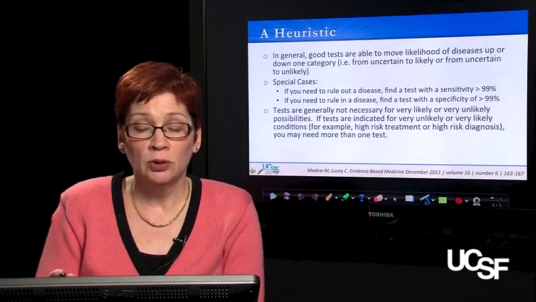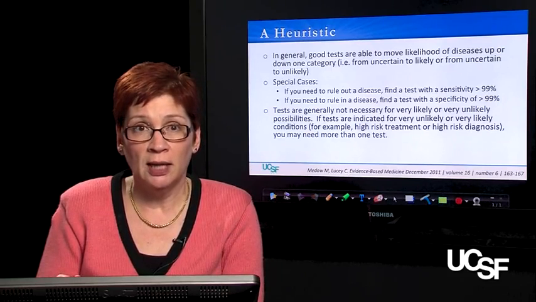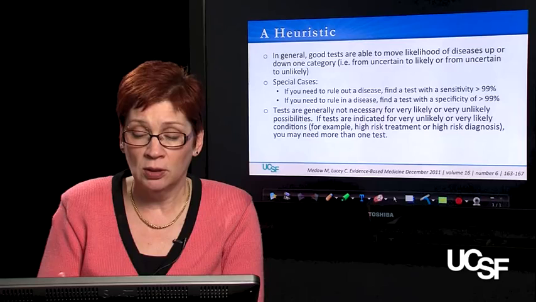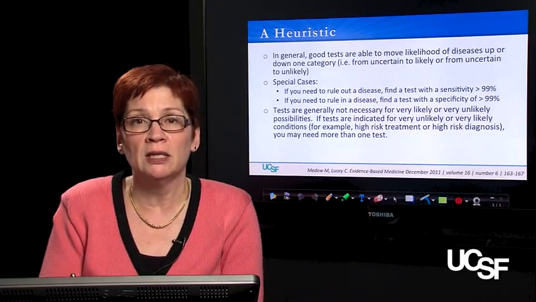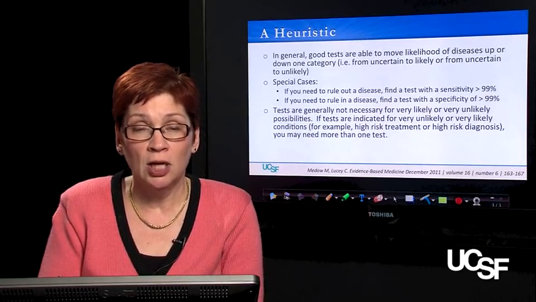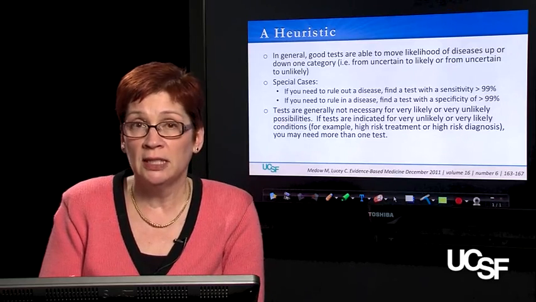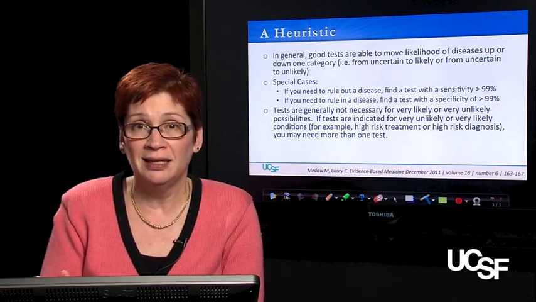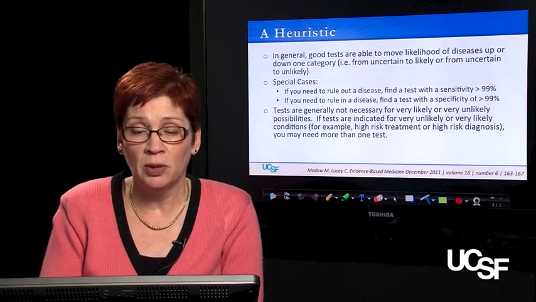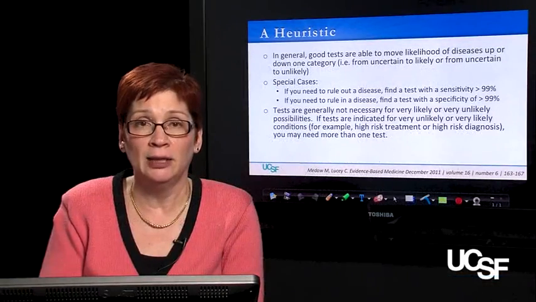So the heuristic, or rule of thumb, was something that Mitch Meadow and I came up with in working on this course, and it's published in that evidence-based medicine article that I referenced earlier on. In general, what we say is that good tests with good sensitivity and specificity, generally greater than 85% for both of them, are able to move the likelihood of disease up or down one category on our likelihood bar.